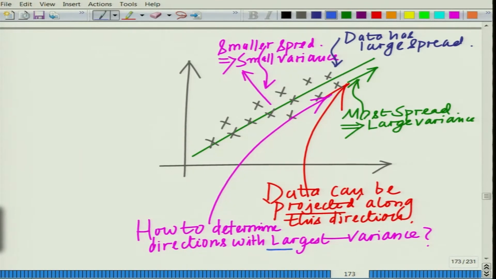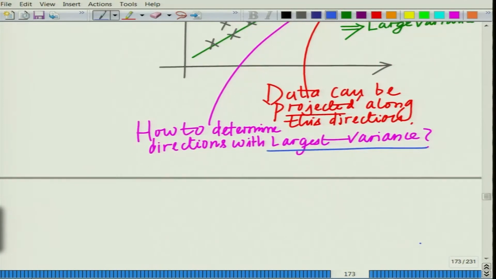The answer to that is essentially what is given by the principal component analysis. That is, how do you determine these principal directions along which you can project the data to obtain the principal components. So, that is the basis for the principal component analysis.